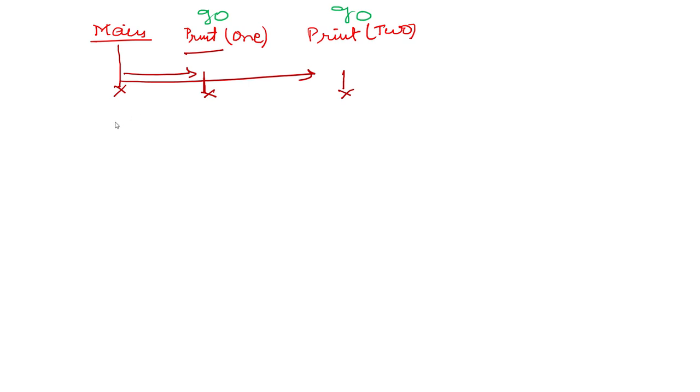So what we can do is something like wait. Instead of the main method getting terminated, we can tell the main method, please wait, because my goroutines are in process, and wait until I finish my work. So while these both goroutines are working, you please wait.